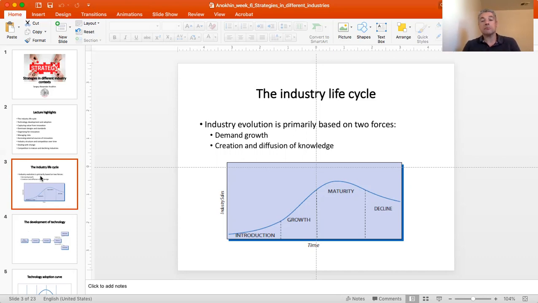Not every industry makes it necessarily in a direct linear fashion. So if you think about your smartphones, which are essentially palm-held devices, computers, if you will.